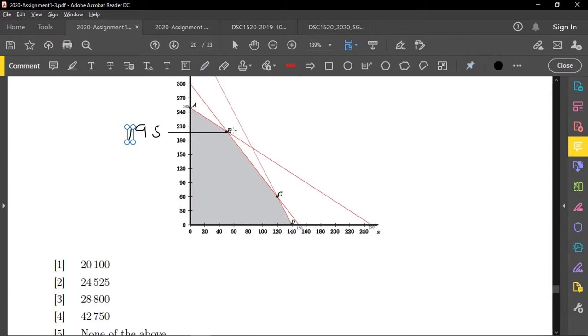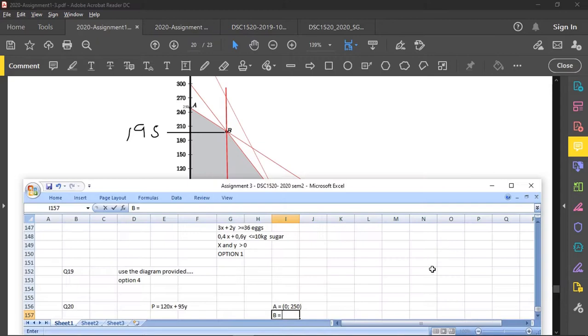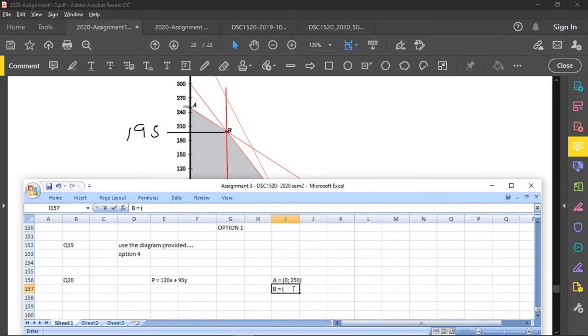Where's the straight line? Let's use a straight line. Come on, why can't I draw a straight line? Here. There. Okay, so that would be about halfway, almost. So about 50. Okay, let's use 195 and 50 for B.